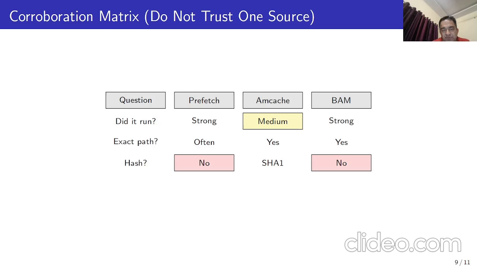For example, a courtroom-style statement: prefetch and BAM independently showed last execution of steel.exe, some executable file, whereas Amcache provided the SHA1. Together, confidence is high. If you are using tools like Amcache, prefetch and BAM, and they are giving a favorable result, whereas on the other side the ShimCache timestamp is ambiguous and not supporting it, then if two tools are supporting, especially Amcache and BAM, it is good proof.